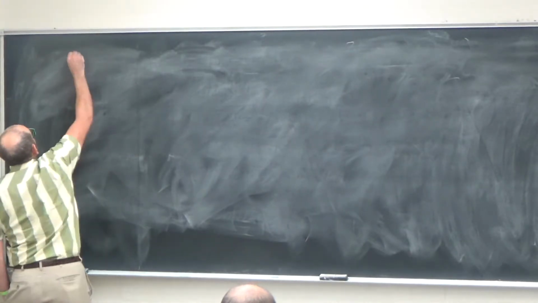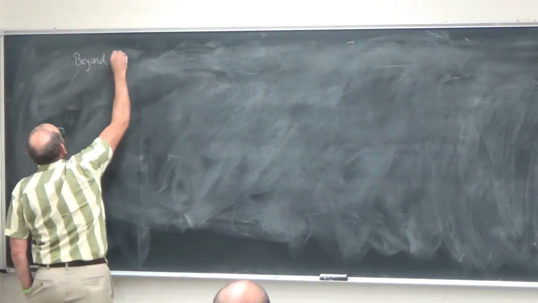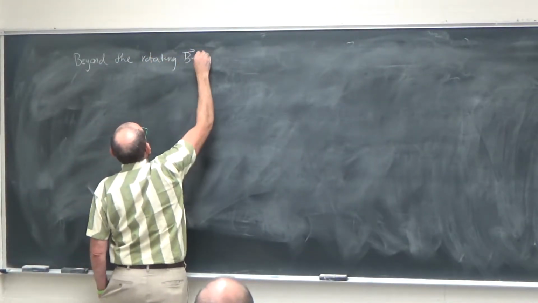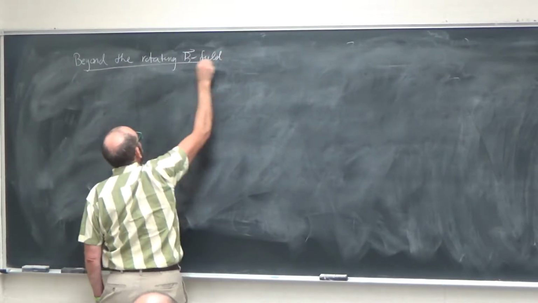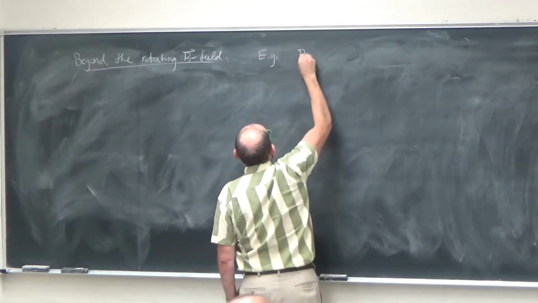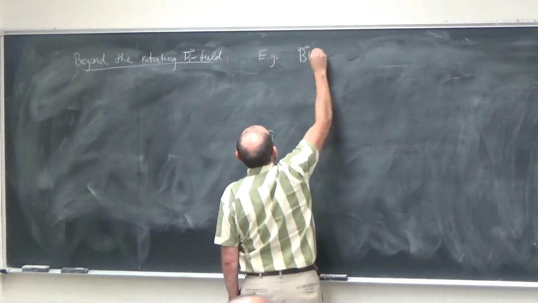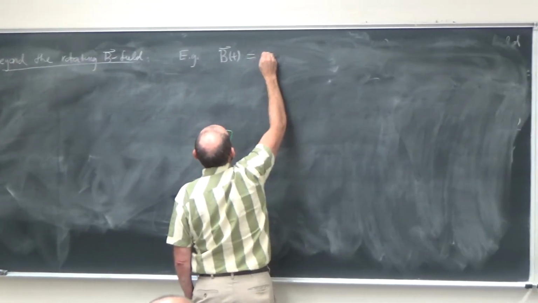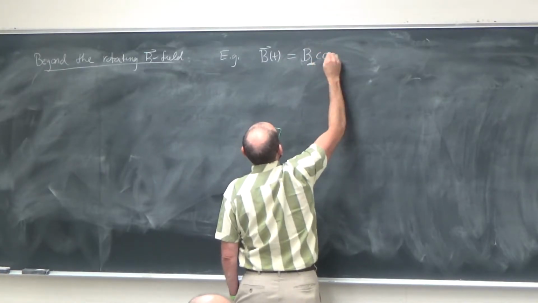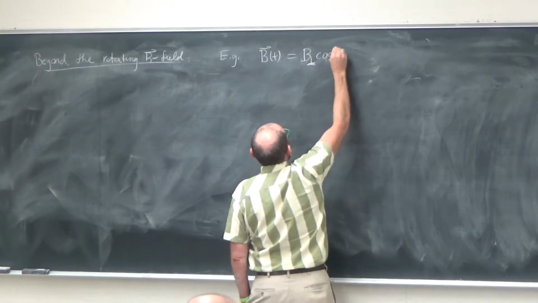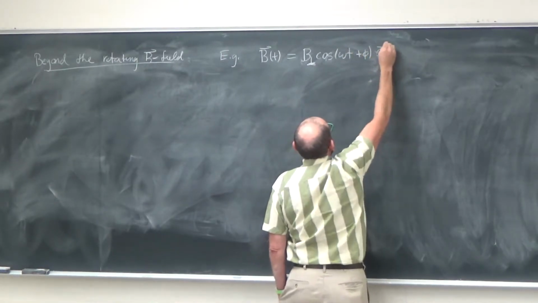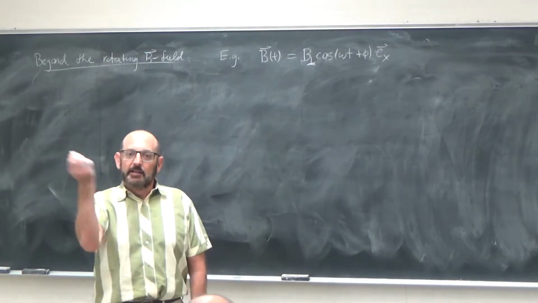So beyond the rotating, in particular, let's suppose our magnetic field was just oscillating linearly along the x-axis, instead of rotating around the z-axis.